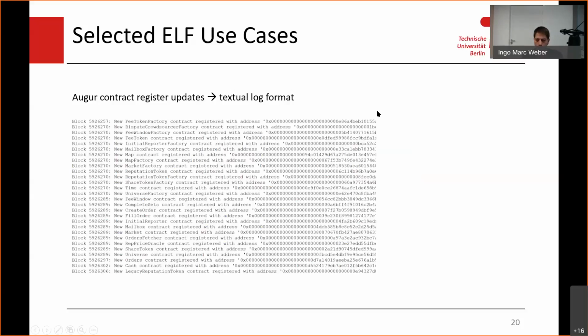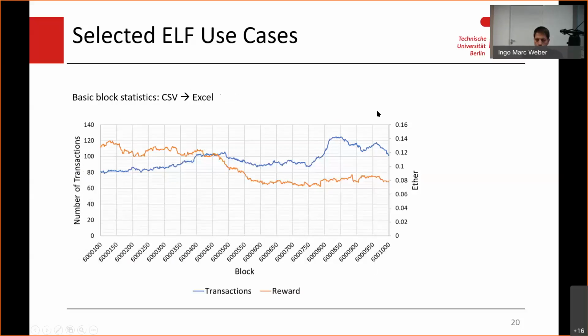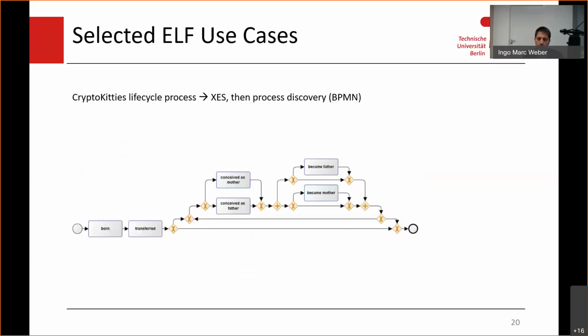For the basic block statistics, we just output a CSV file, and then it's very easy to visualize that using Excel or any other tool for processing that data. And then the XES format you can use for process discovery.